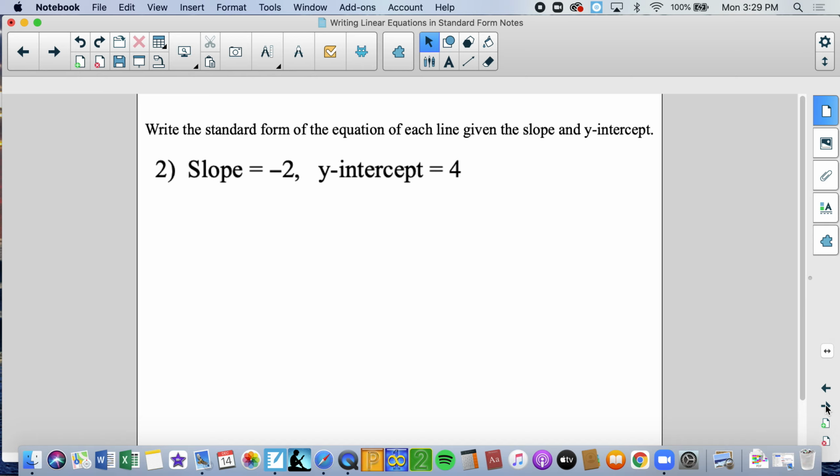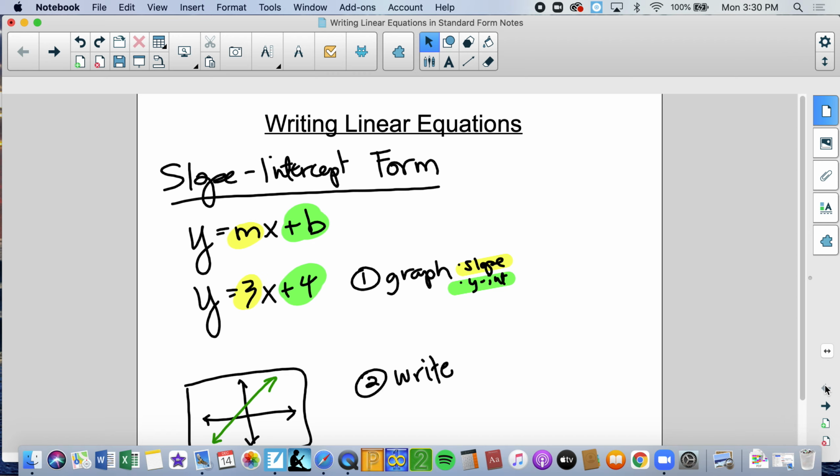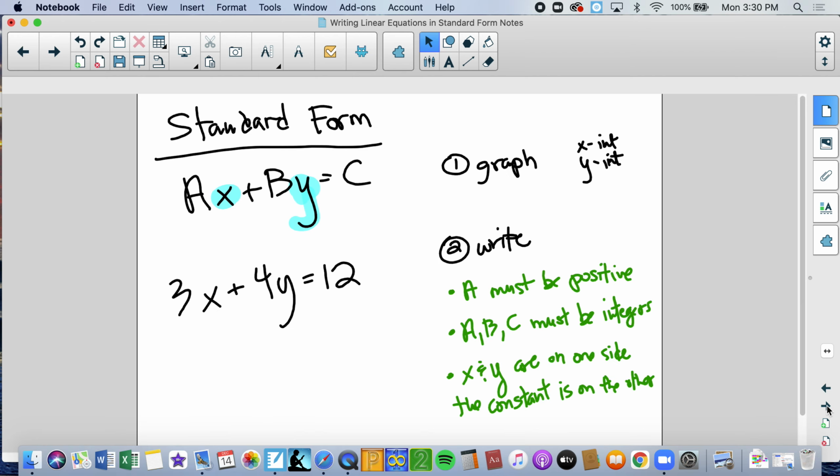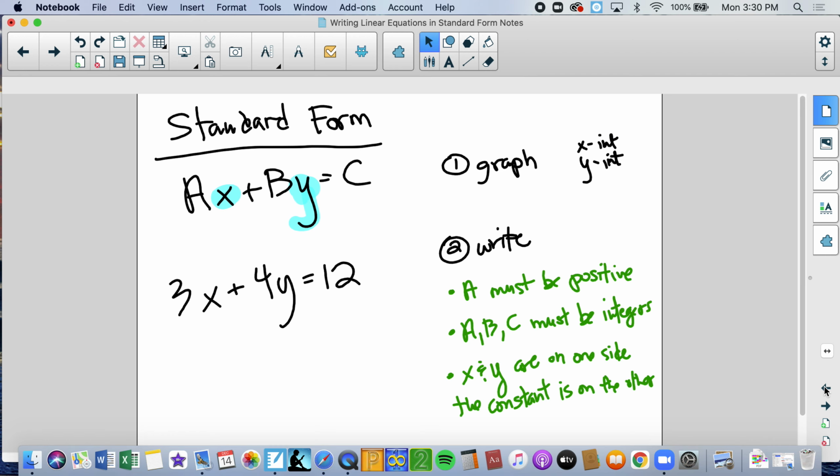This example says, write the standard form of the equation of each line given the slope and the y-intercept. So we have to look at these forms and choose which one utilizes the slope and the y-intercept. Point-slope has a slope but no intercept.